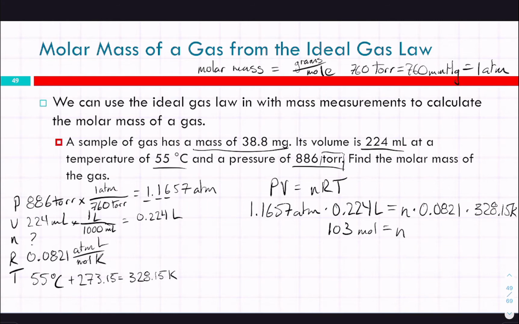Because you multiply R by the temperature, so we have moles, and then R, and we multiply by Kelvin, and then we divide this over to the other side so the thing flips, and then we get atmospheres and liters canceling. Yeah, which would leave us with moles. That's a lot of moles.